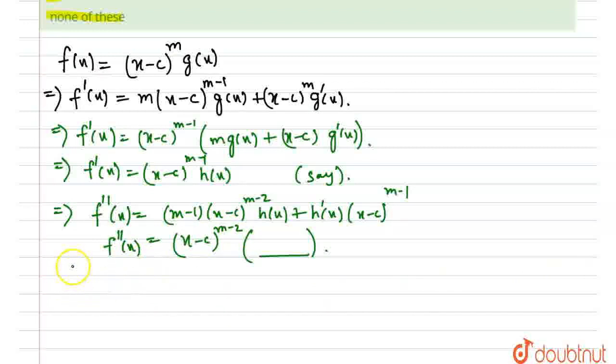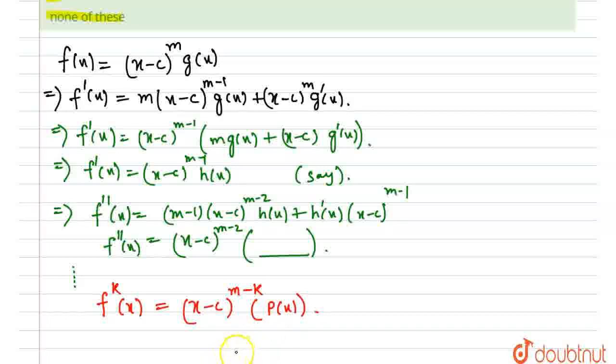So from here we can conclude, if we just continue this process, that the kth derivative of f(x) would have (x - c)^(m-k) as a factor, and the rest is another polynomial, say p(x).